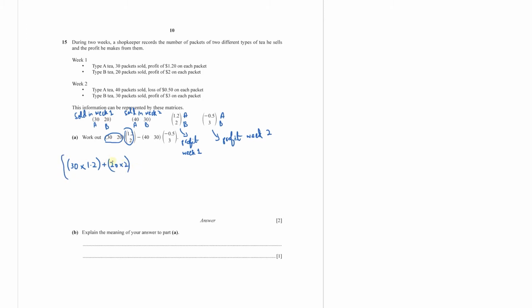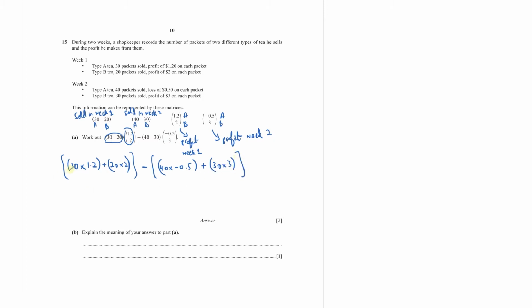You'll solve this first, and then minus 40 multiplied by the first value in the column, so minus 0.5, and then plus 30 multiplied by 3, so 30 times 3.